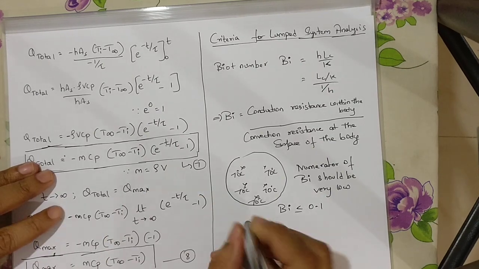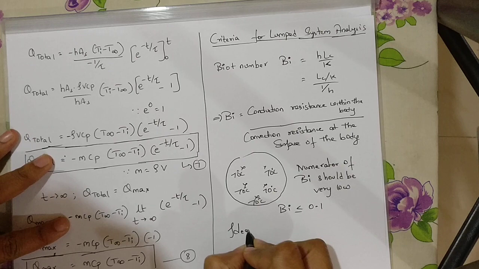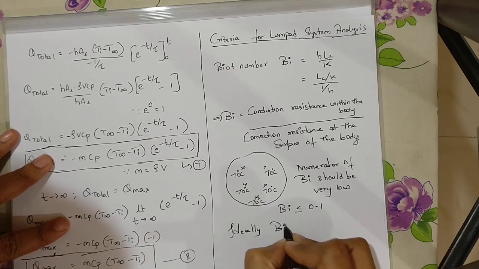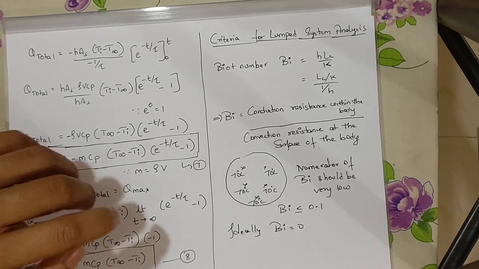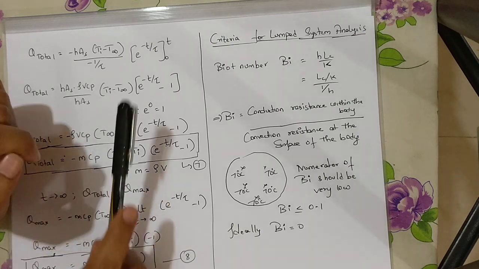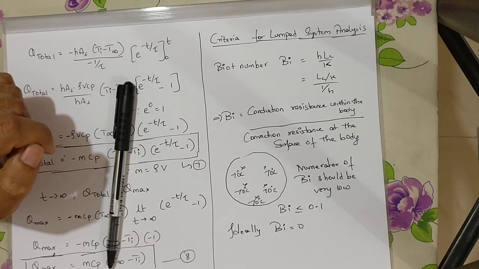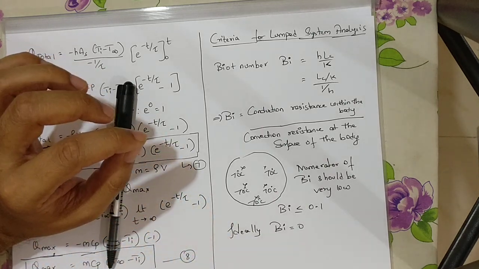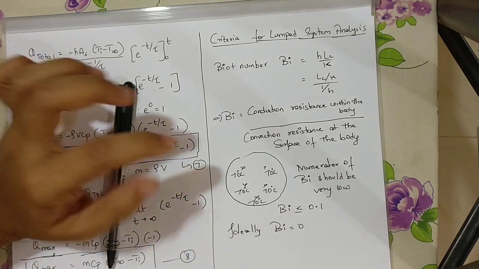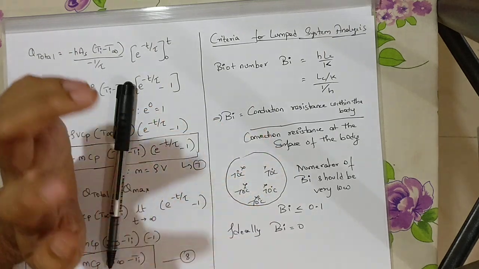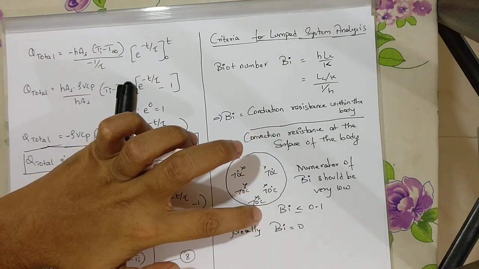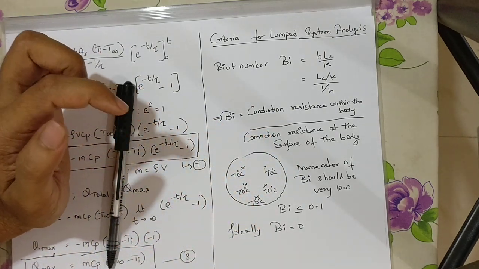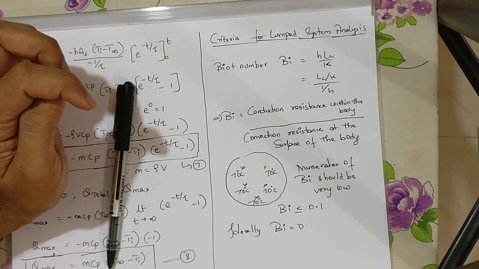That means ideally the Biot number should be 0 to use this analysis. But as you all know, it won't come down to 0, it will be very small. So let us take the assumption as Biot number less than or equal to 0.1. So whenever the Biot number is less than or equal to 0.1, this analysis can be implemented.